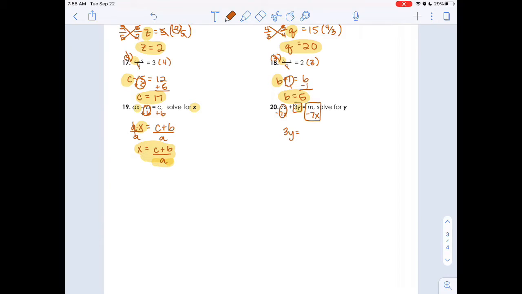I've got m minus 7x. Next I have 3 times y, so to get rid of the 3, I'm going to divide by 3. And divide this entire side by 3, leaving me with y equals all of this stuff, m minus 7x all over 3.